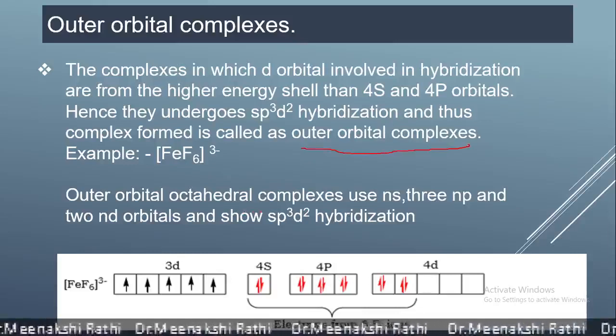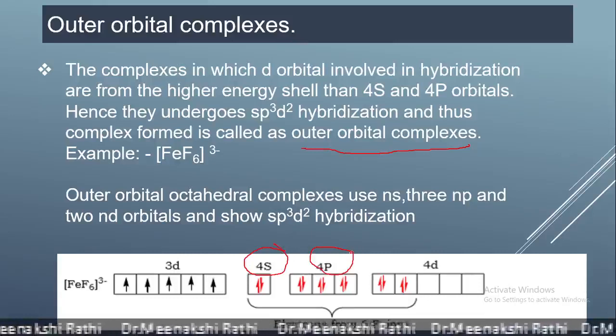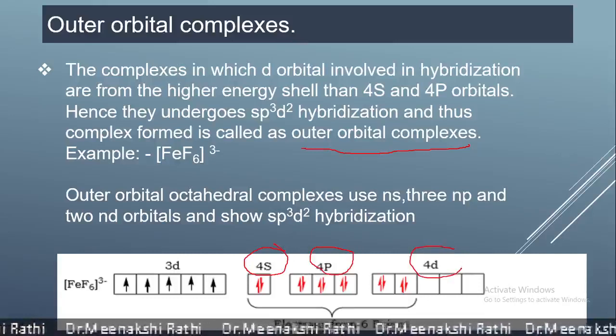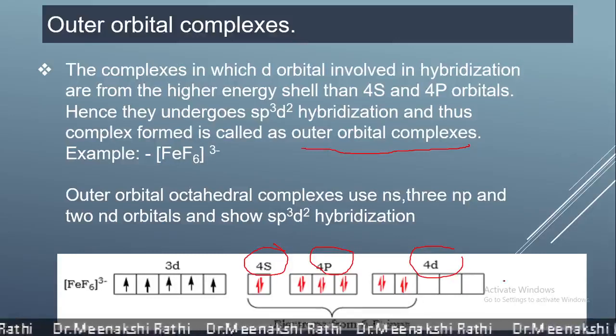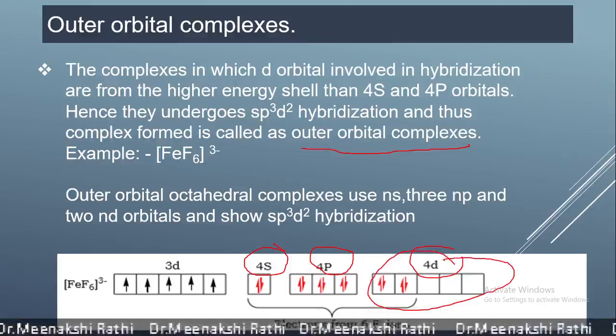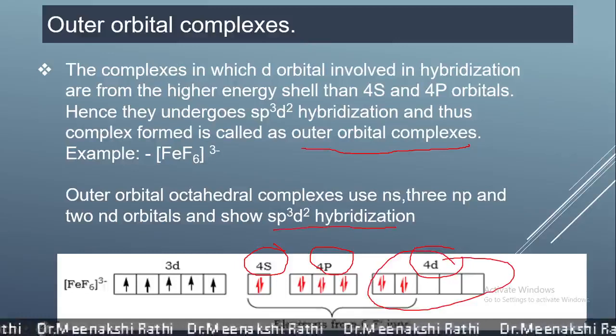Outer orbital octahedral complexes use ns, 3 np and 2 nd orbitals, not the (n-1)d orbitals, but the outer d orbitals, and form sp3d2 hybridization.